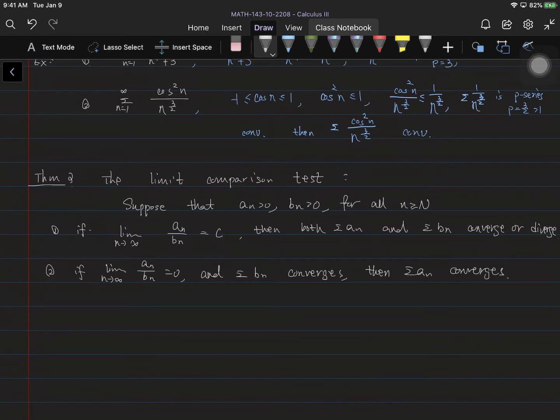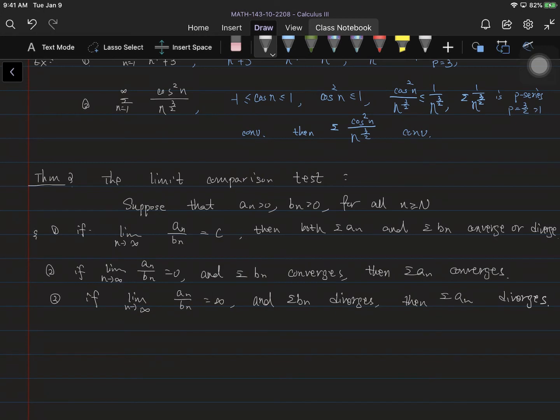I will show you the meaning of this one later. Third, if the limit of an over bn is infinity and bn diverges, then an diverges.